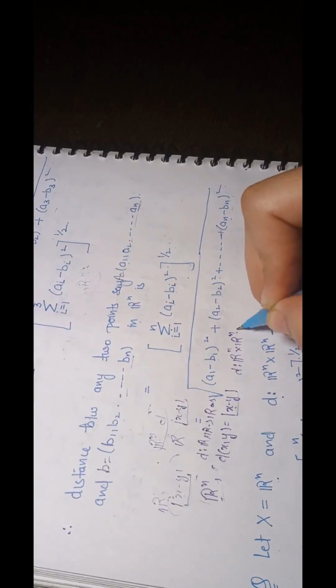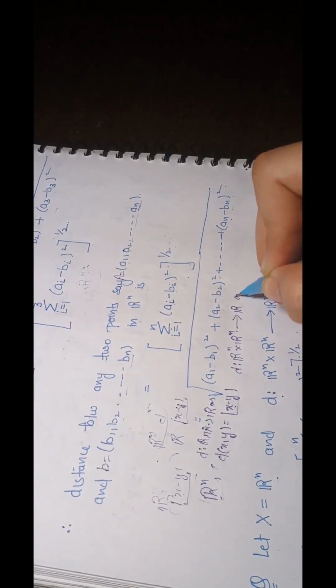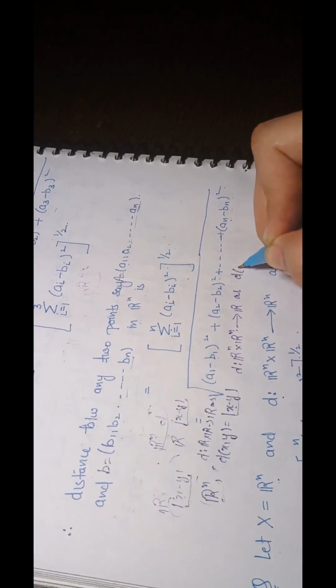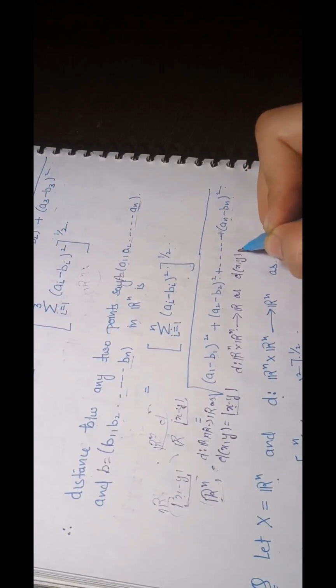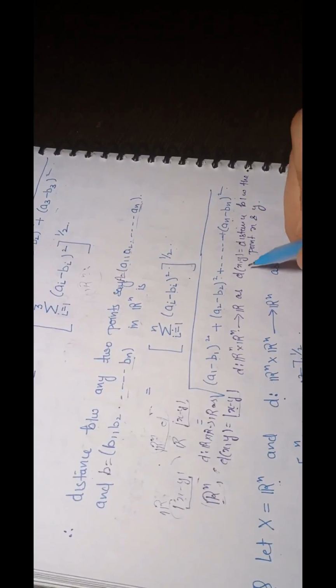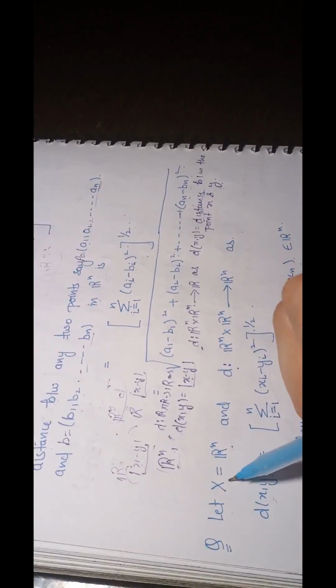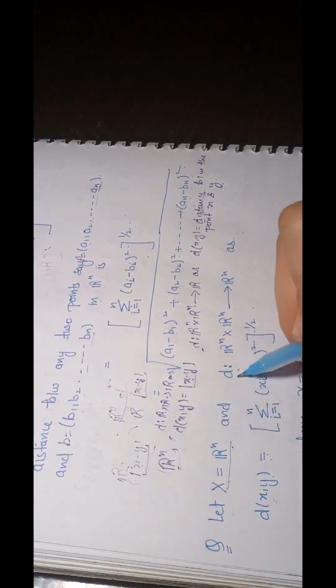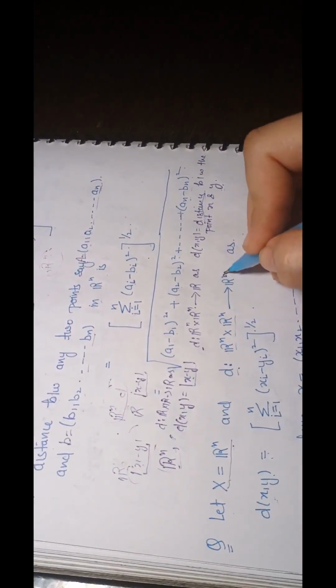We will define a function from Rn cross Rn to R as d of x comma y is the distance between the points x and y. So here also we are going to define the distance function, the distance between x and y.